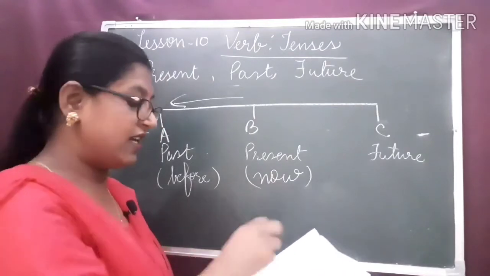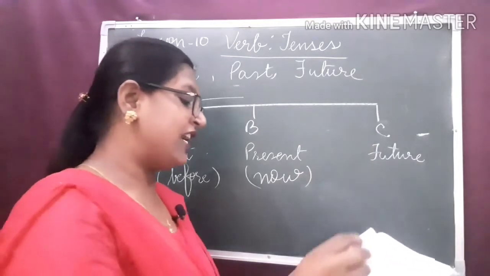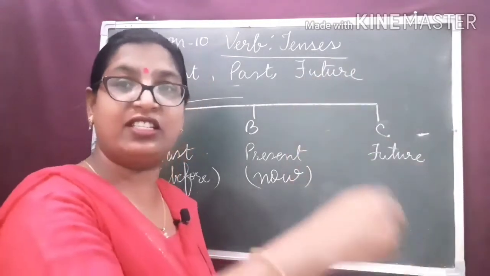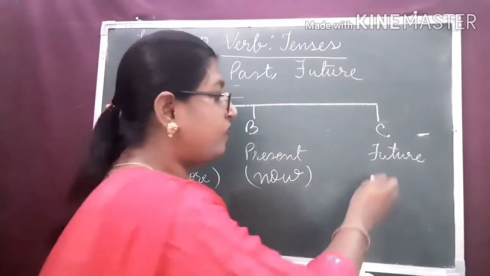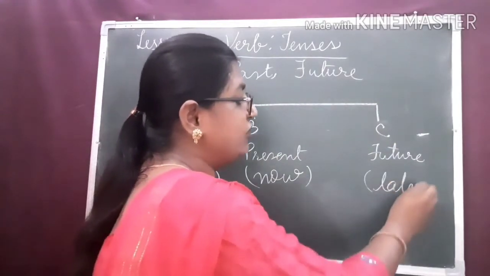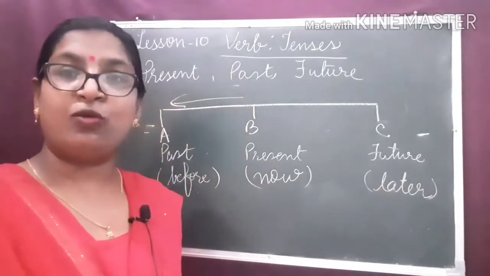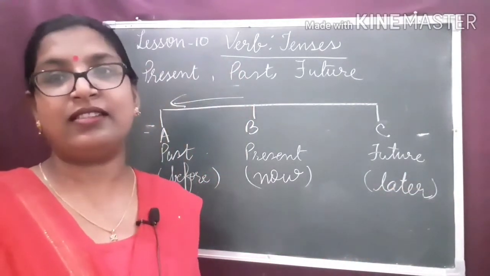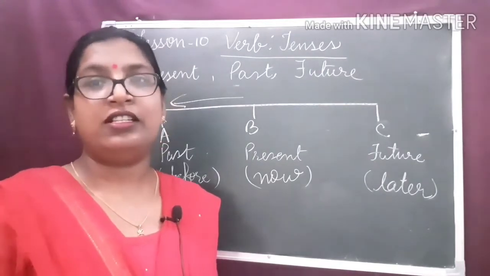And point C indicates the time yet to come in future. So it tells us about the action which will happen later. So basically there are three tenses: present tense, past tense, and future tense.